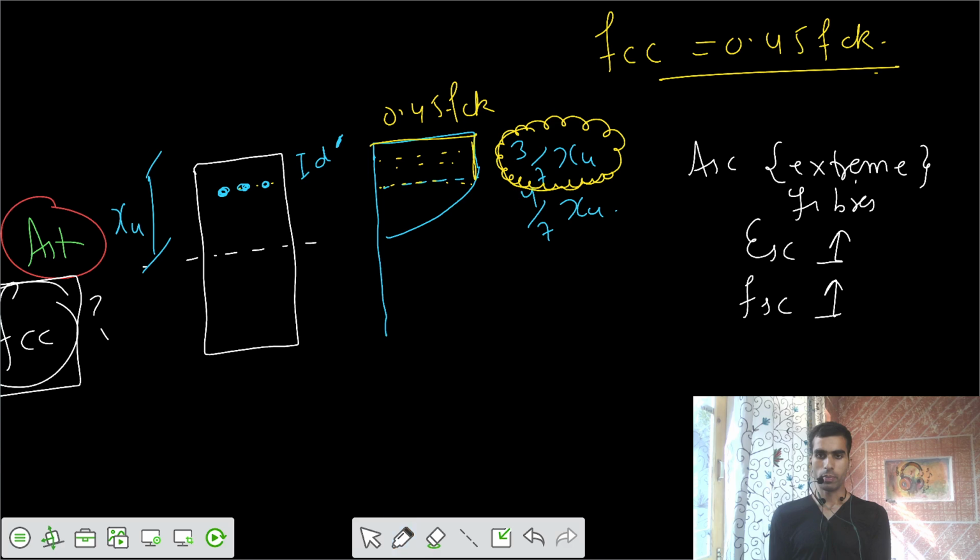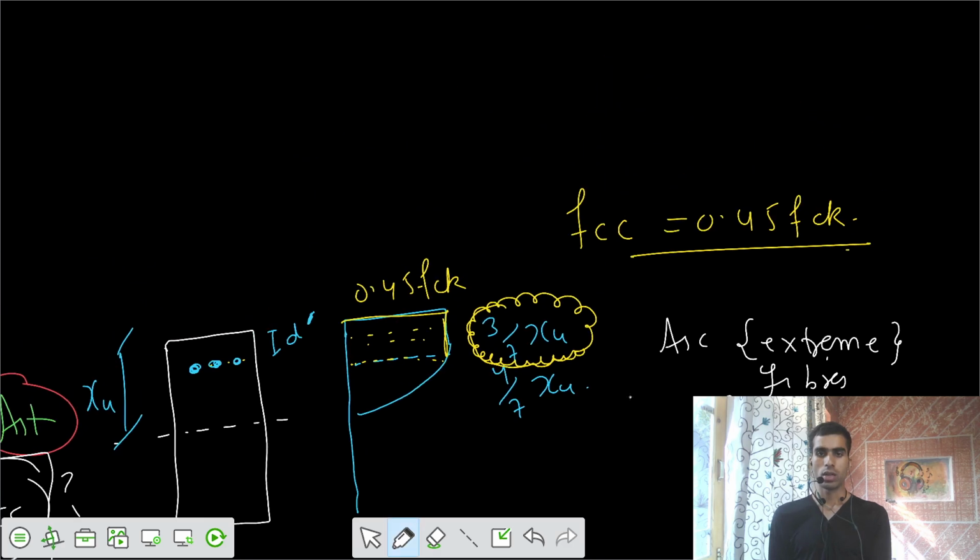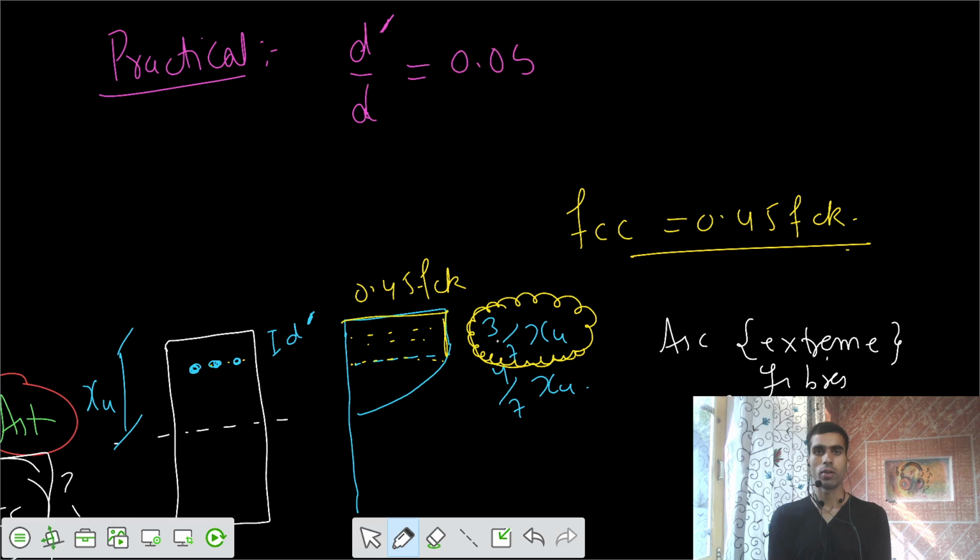For practical use, the value of d dash by d is somewhat in the range 0.05 to 0.2. For example, if there is an effective cover of 50 and an effective depth of 500, then d dash by d is 0.1.